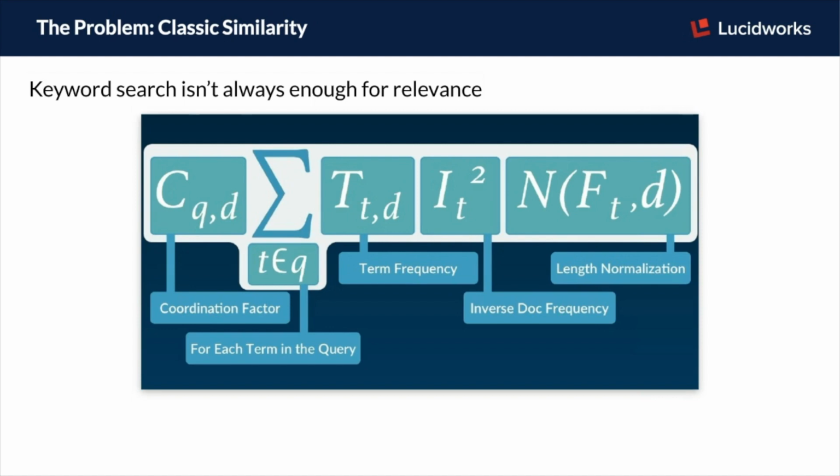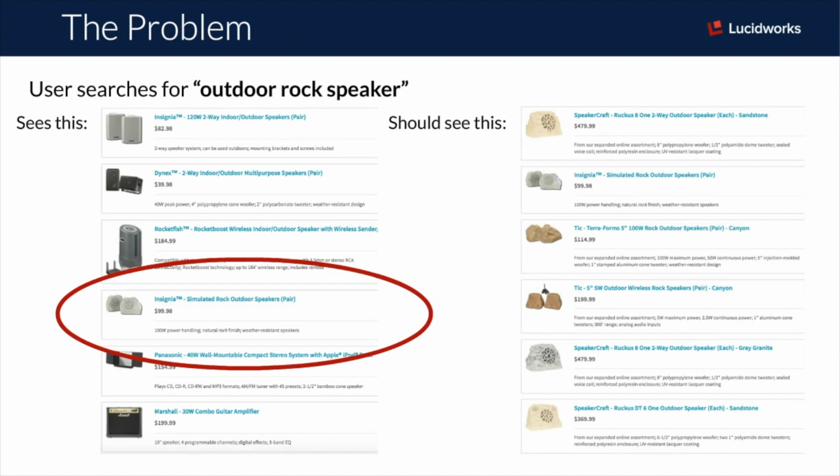To illustrate, let me show you an example that Chao Han, our VP of Data Science, gave in our last webinar. Imagine that a user searches for outdoor rock speaker and sees the results on the left. The search results are ranked according to how often these words appear in these particular documents, in the way that you would expect.